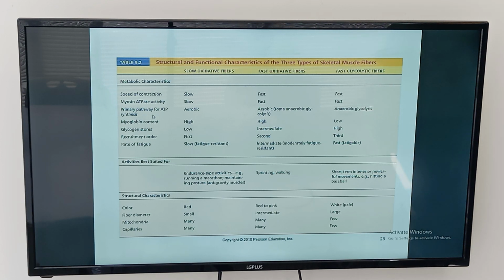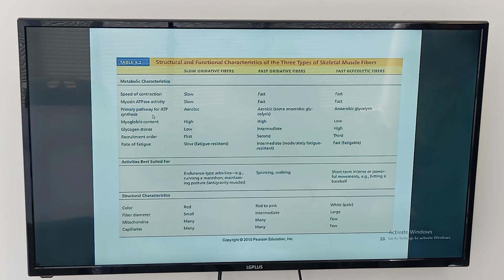The primary pathway for the formation of ATP molecules. For slow oxidative, we'll have aerobic pathway, and for the fast oxidative and the fast glycolytic, we'll have anaerobic.